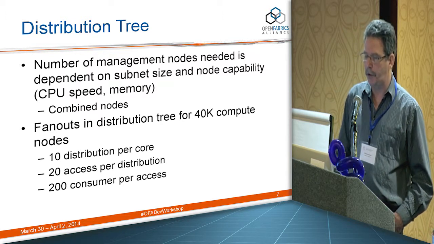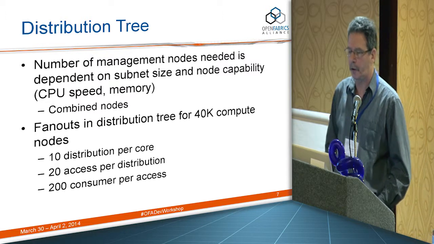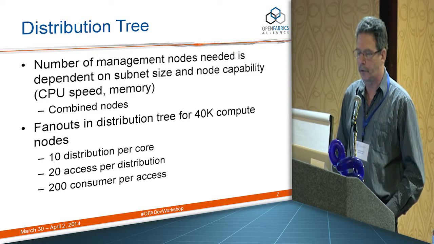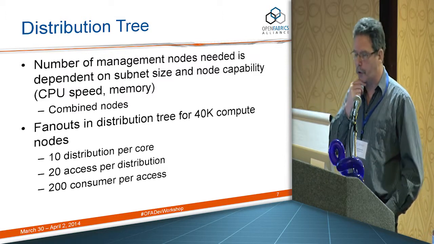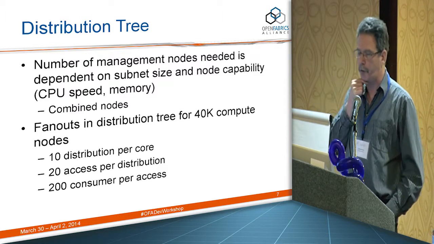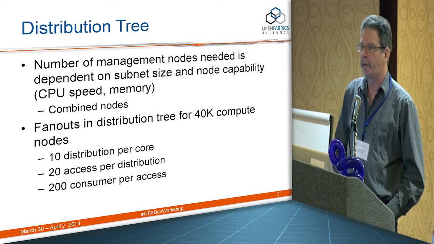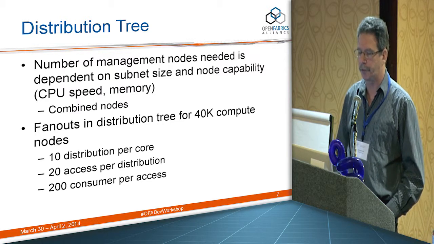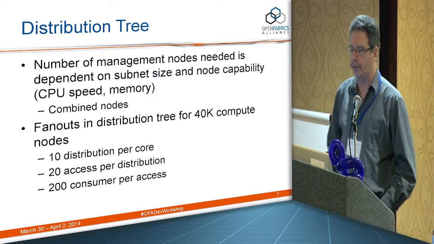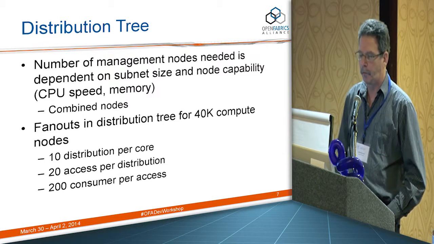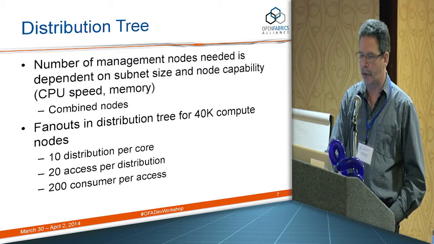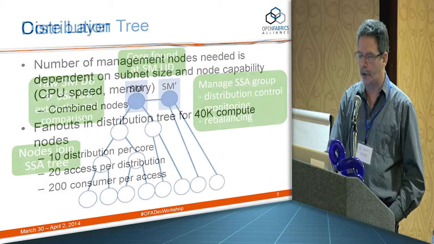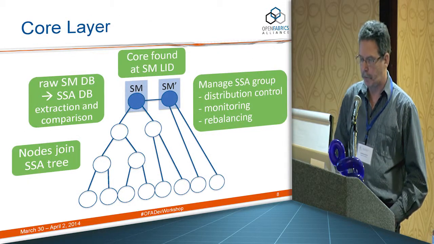So the fan-outs in the distribution tree for a 40K compute node subnet: the goals are 10 at the top layer between the distribution and the core, 20 between the access and the distribution, 20 access nodes per distribution node, and 200 compute nodes or consumers per access node. So that gets us the 40,000 compute nodes.